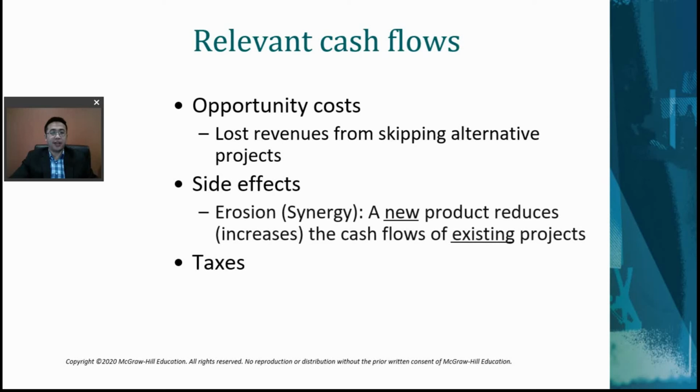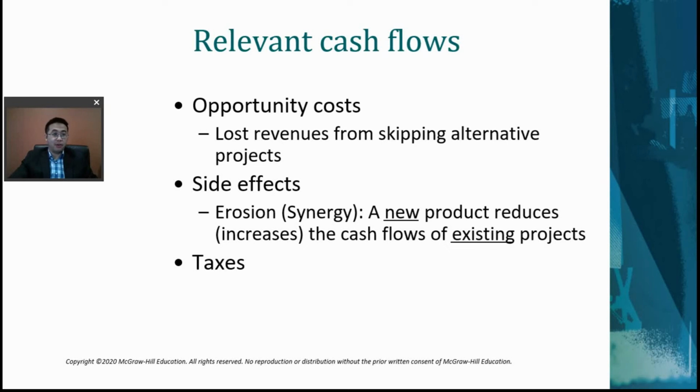The side effect usually happens when a firm adopts a new line that contradicts or helps the existing project. If it's contradicting or has some damage to the existing business, we call it the erosion effect. That happens when the new product reduces the cash flows of the existing project.